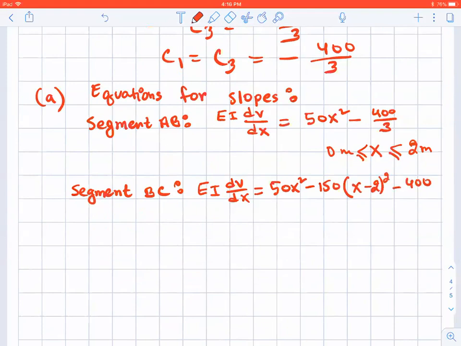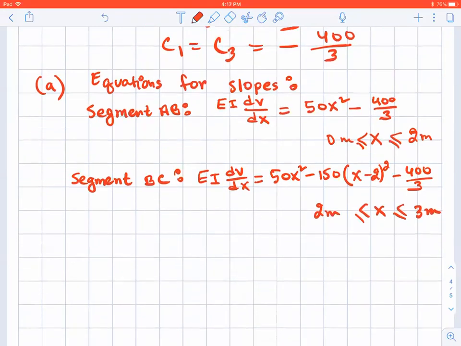Now instead of C3, I'm writing the value of C3, which is negative 400 over 3. And this is valid for x greater than or equal to 2 meters, but less than or equal to 3 meters, okay?